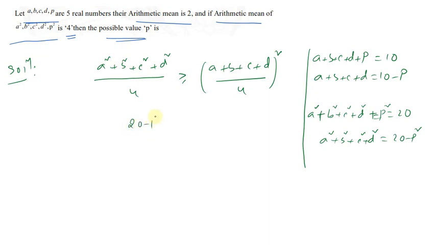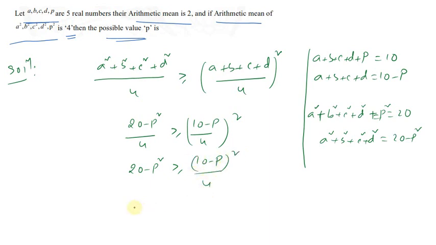So this is (20 minus p square) by 4 is greater than or equal to ((10 minus p) by 4) whole square. So this is (20 minus p square) is greater than or equal to (10 minus p) whole square by 4.